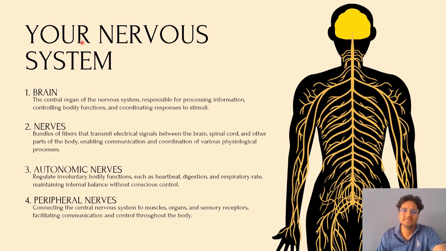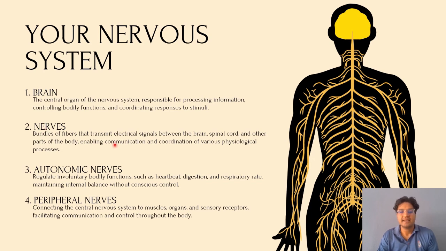Our nervous system contains the brain, nerves, autonomic nerves and peripheral nerves. The brain is the central organ of the nervous system, responsible for processing information, controlling our body, and coordinating responses to stimuli.